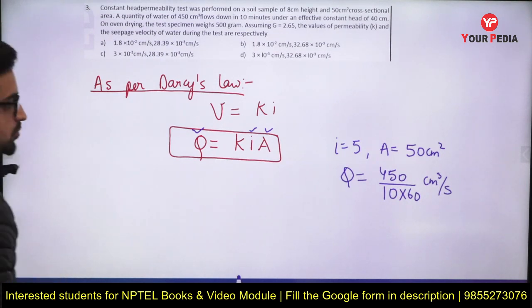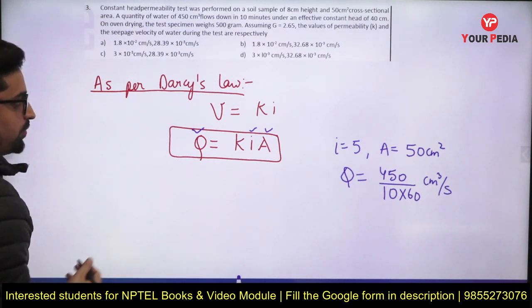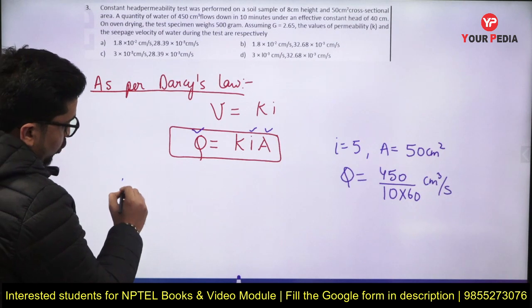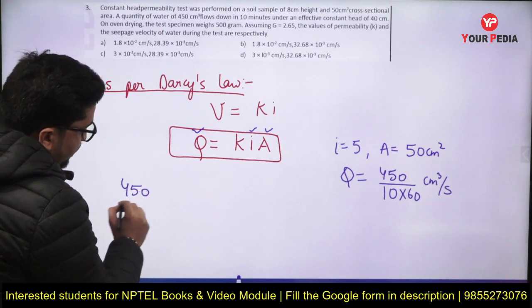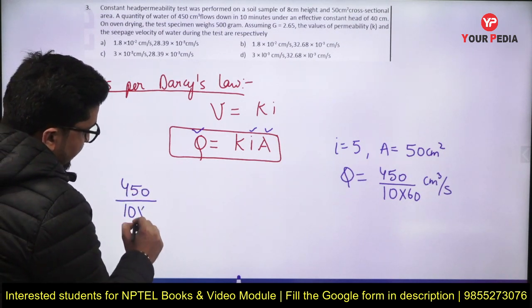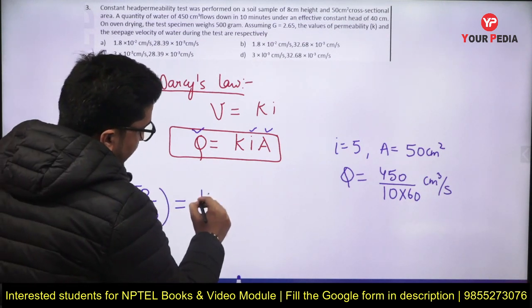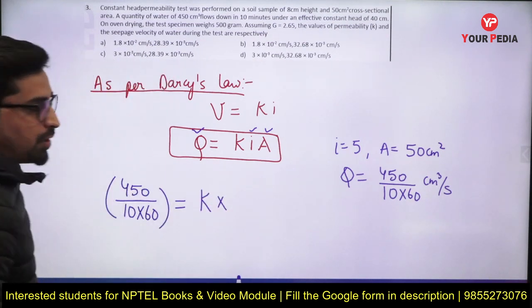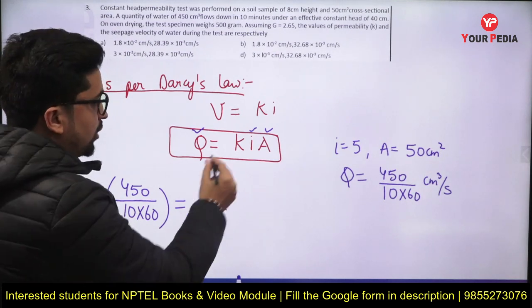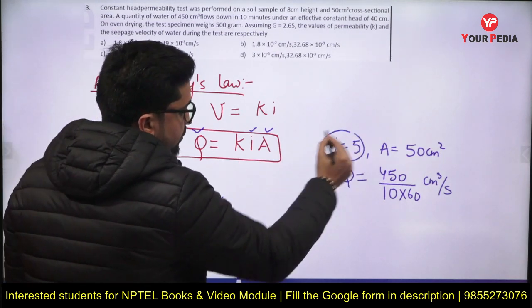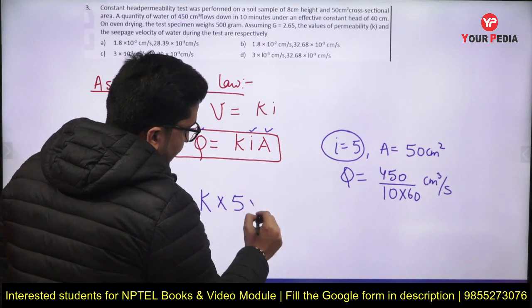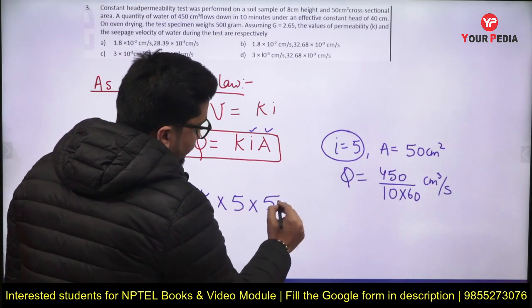So let us substitute these values and find out the value of K. So Q is 450 divided by 10 into 60 centimeter cube per second, and this is equal to K, let us suppose the coefficient of permeability of soil is K, into I, which we have already calculated as 5, and the area of cross section is 50.